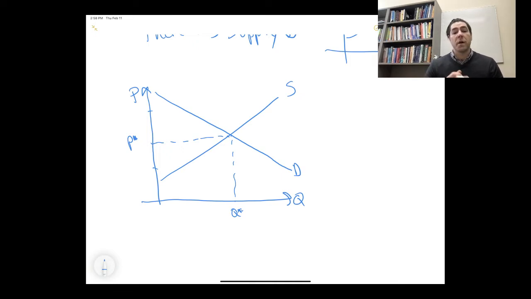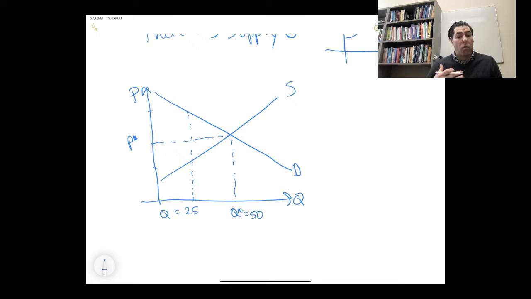Another way that we could think about this is to notice where the quantities are off. So let's say that Q star is 50, and over here the quantity is 25.